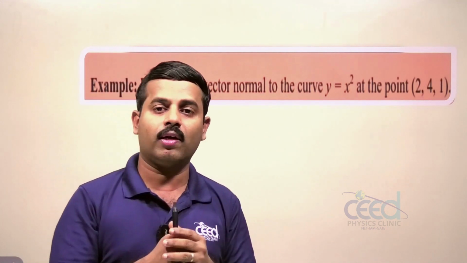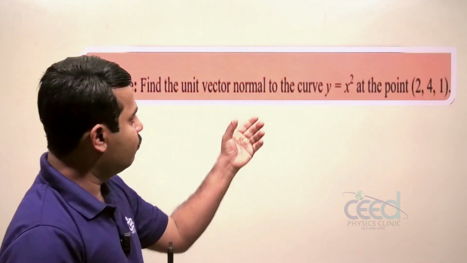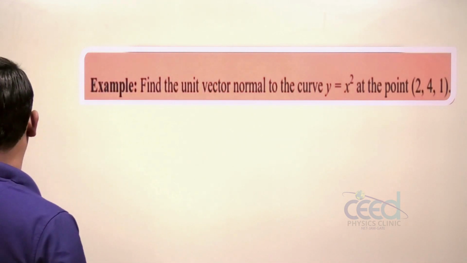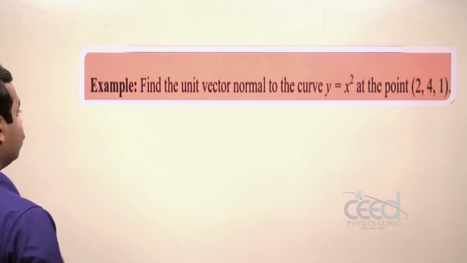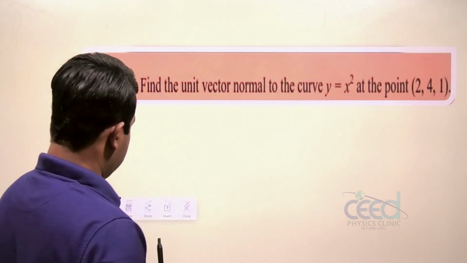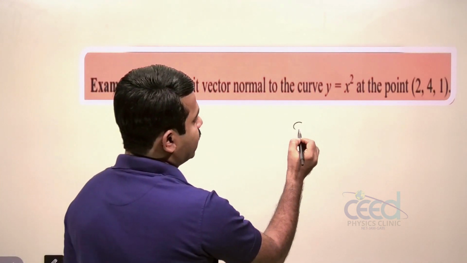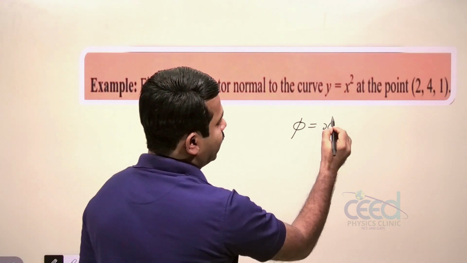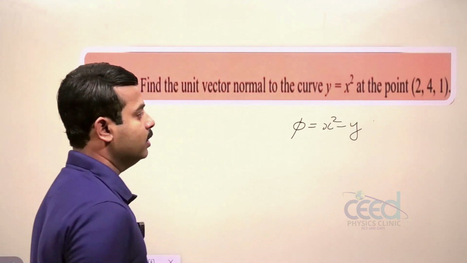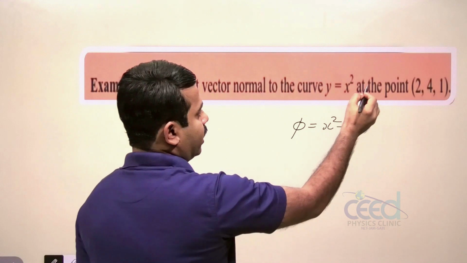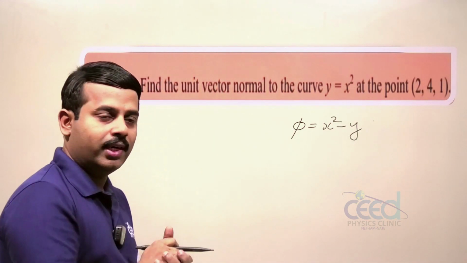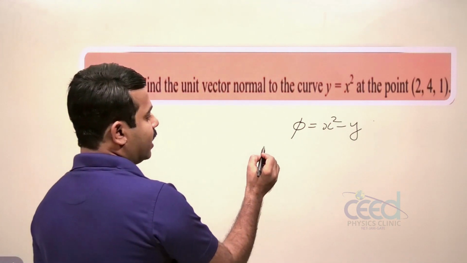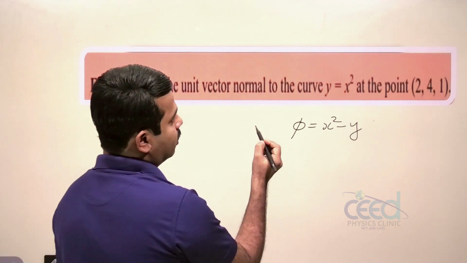It is the gradient of that particular function. So we can take our function as phi is equal to x square minus y, with y taken to this side. Now what is gradient phi?